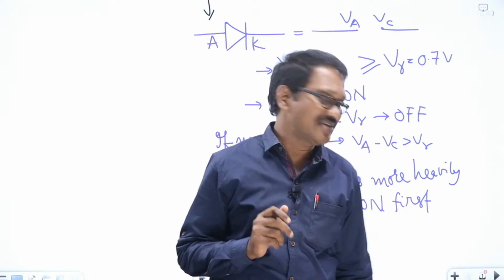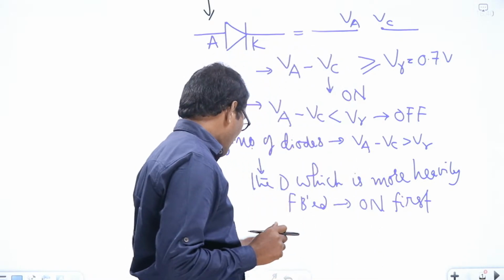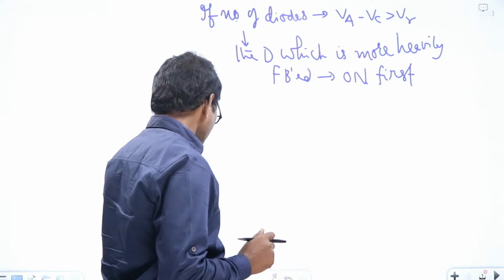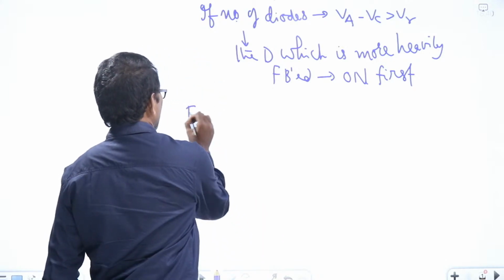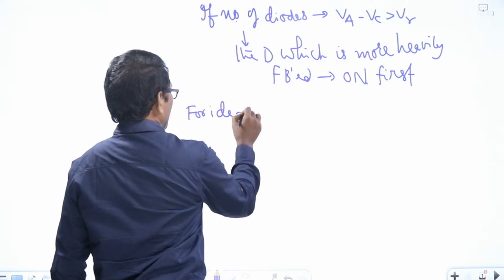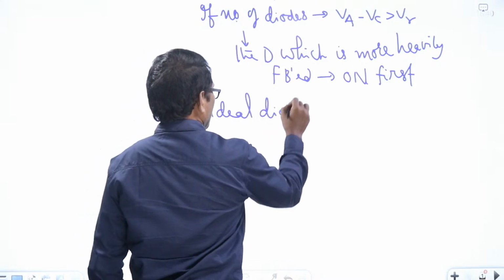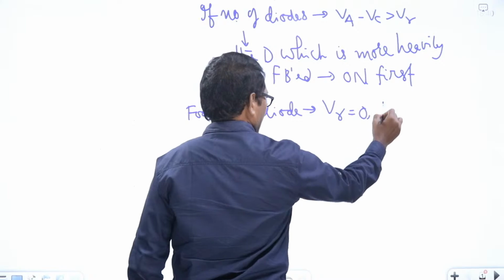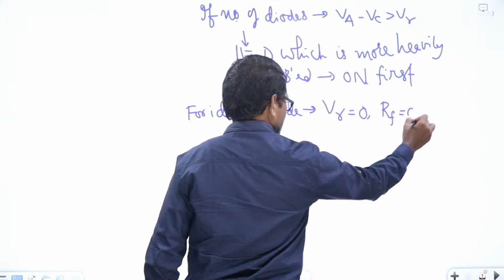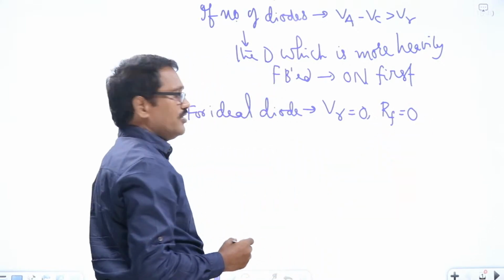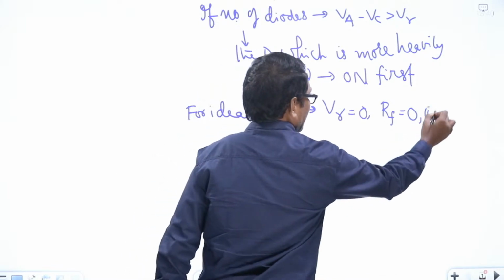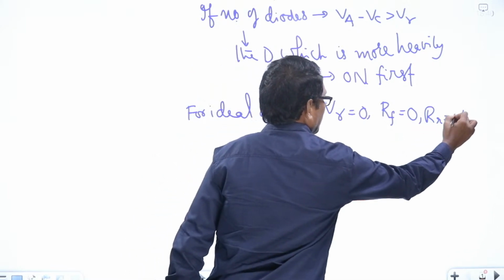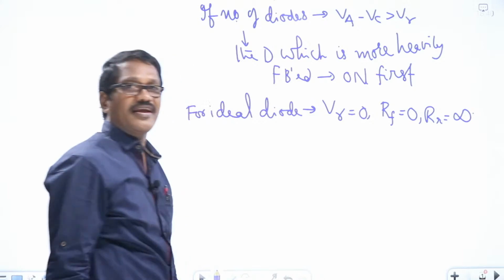Have you understood this? Right? That means I will write down here for an ideal diode. For an ideal diode, it is assumed that V gamma is 0 and the diode forward resistance is also assumed to be 0, and the reverse resistance of the diode is assumed to be infinity.